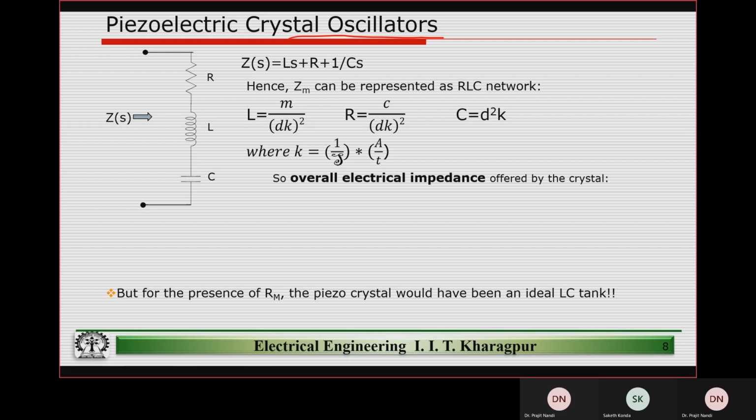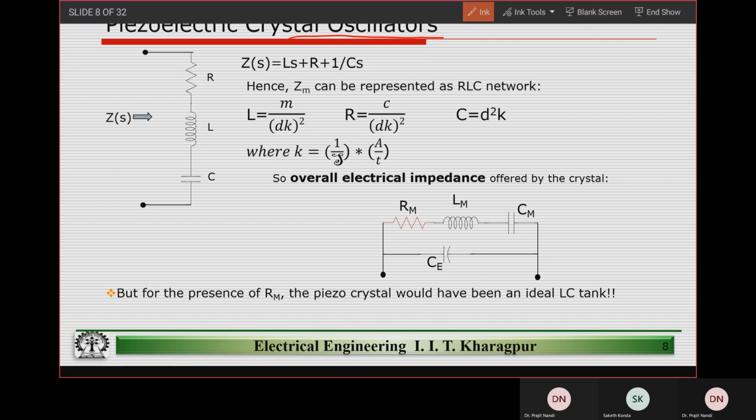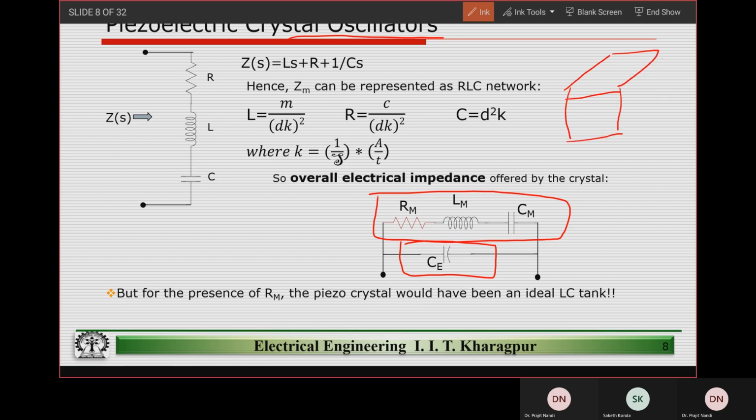So if you look at the overall impedance offered by the crystal, we can model the overall impedance. This is the mechanical arm, and CE is the electrical arm. CE effectively comes from the crystal that I had drawn earlier, the yellow colored cube, where we had two parallel plates, right?